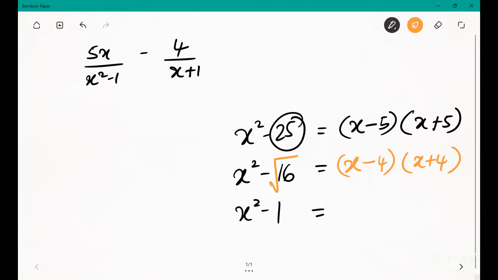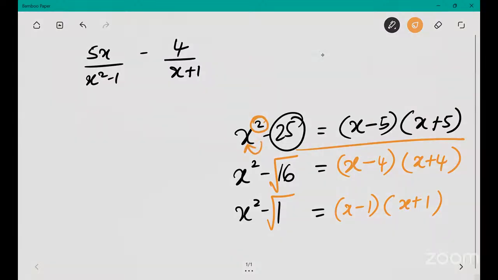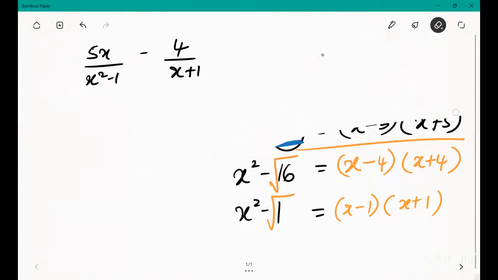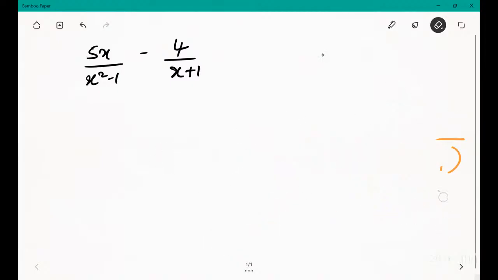Here also same thing, x minus root 1 is 1. So x minus 1, x plus 1. This is how it works if the squared is only for the x and you have a whole square root number over here.